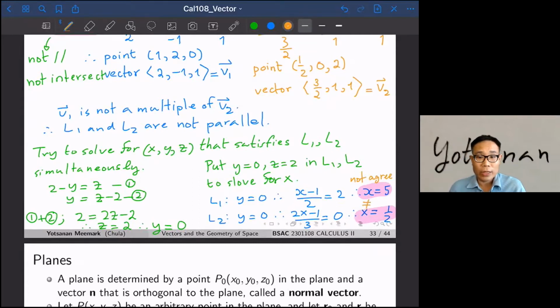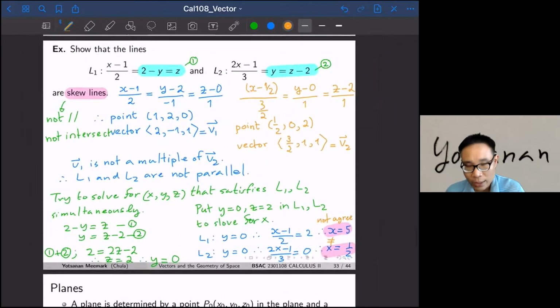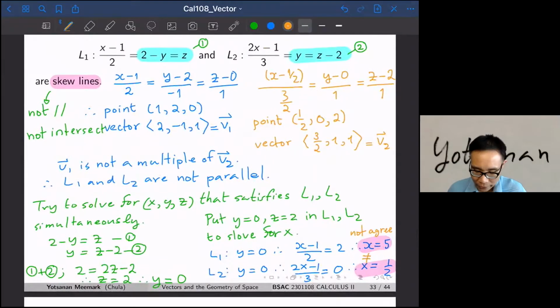So we conclude that these two lines do not intersect.